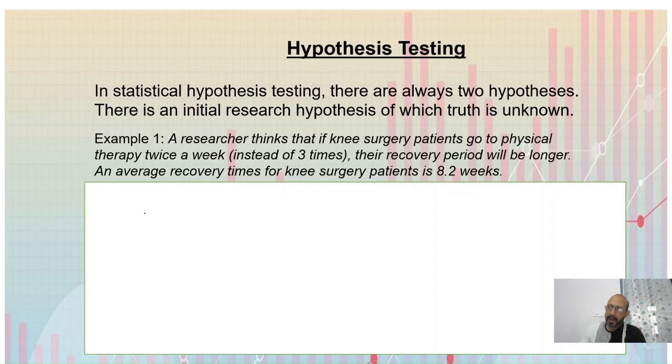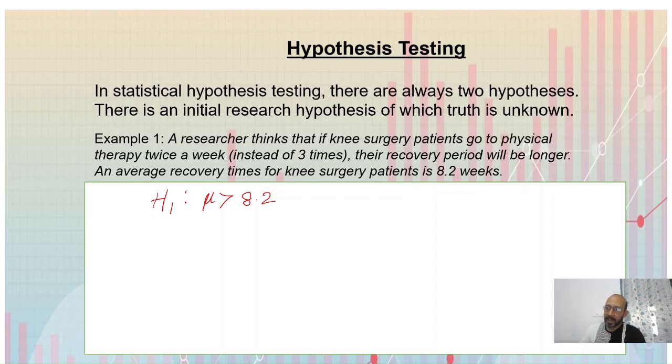So, it can be written in mathematical terms as H1: mu greater than 8.2. Next, we need to state the null hypothesis. That is, what will happen if the researcher is wrong?